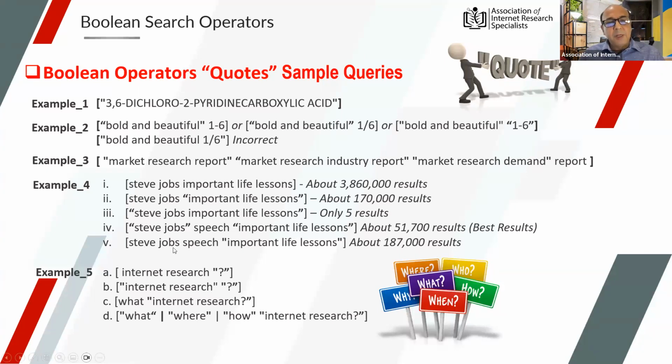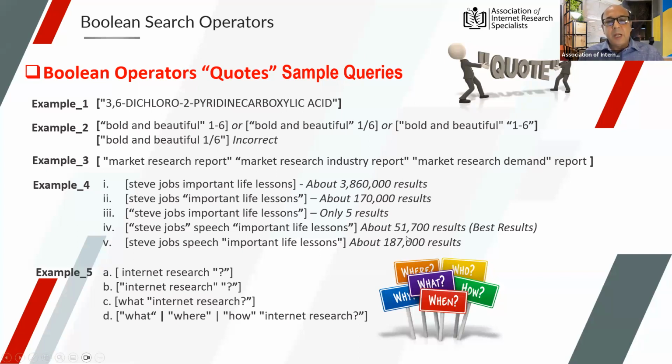However, if the word Jobs was not famous enough along with the first name Steve, Jobs might be treated as a word to do with jobs and not as part of the name. So in number 5, we got 187,000 results.